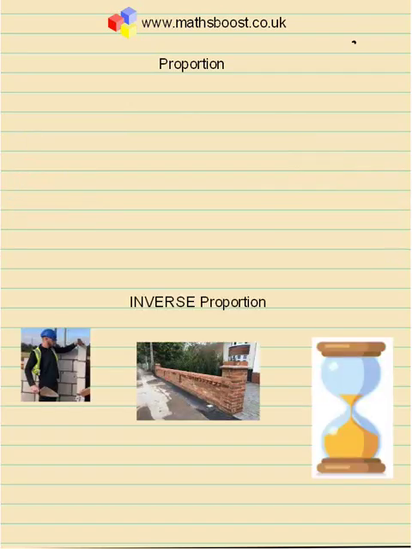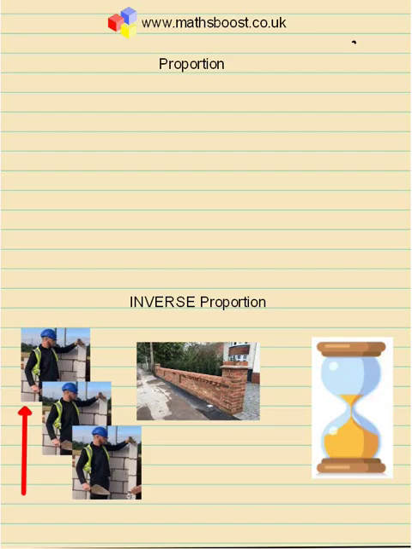But inverse proportion is different. It takes one bricklayer this much time to build a brick wall. But if I have more bricklayers doing the work, the time goes down.